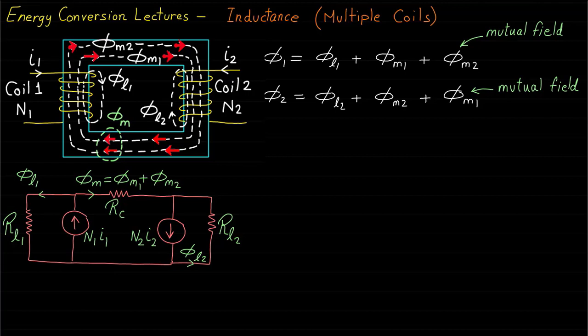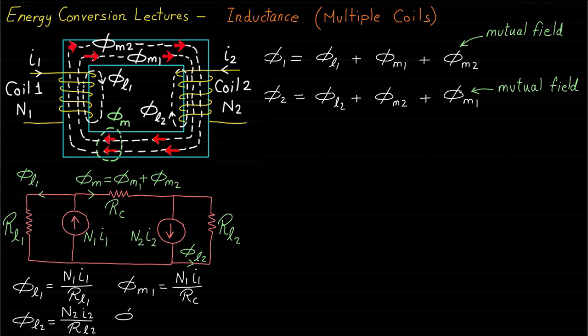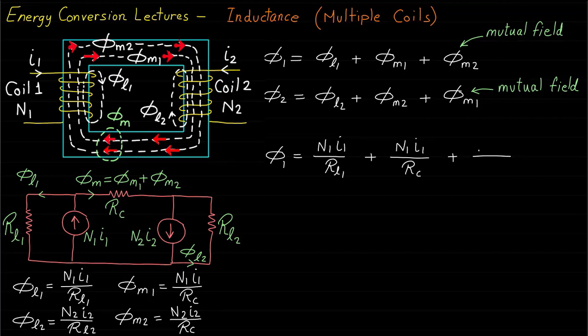Now, if we apply the electrical network basics to the equivalent magnetic circuit, we can calculate the leakage and magnetizing magnetic fields as follows. Based on these magnetic fields, phi 1 and phi 2 can be expressed as follows.